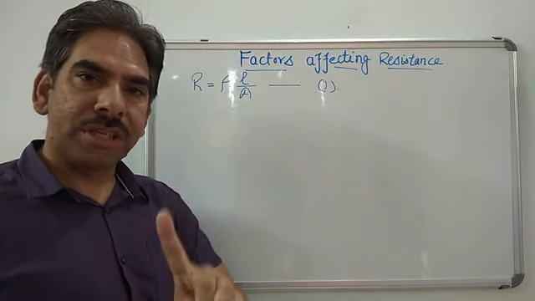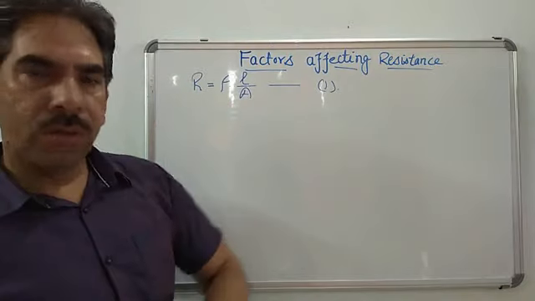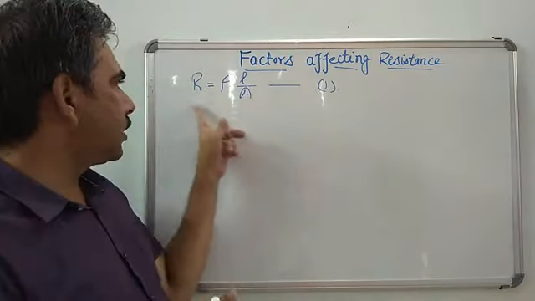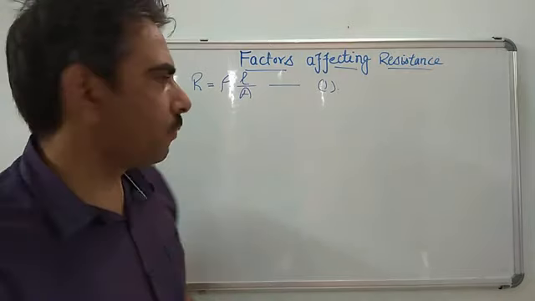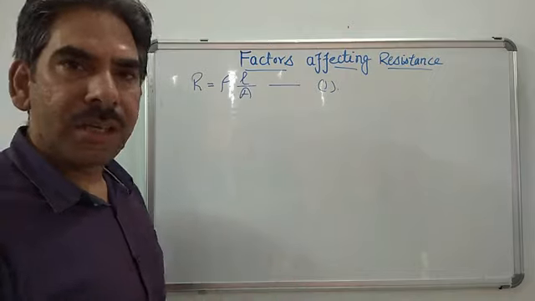Of course, if temperature changes, this parameter also changes. So while we discuss Ohm's law, we take that temperature remains constant so that these values hold true. Only then the Ohm's law relationship between V and I will be applicable.